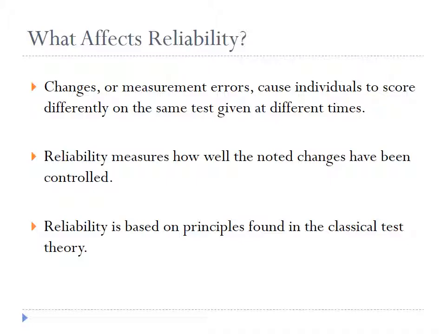So there's always some difference, some variation in scores from administration to administration. Reliability then becomes a way to measure or assess how much change there is and how much of it can be controlled. There are some forms of error that we just can't control.